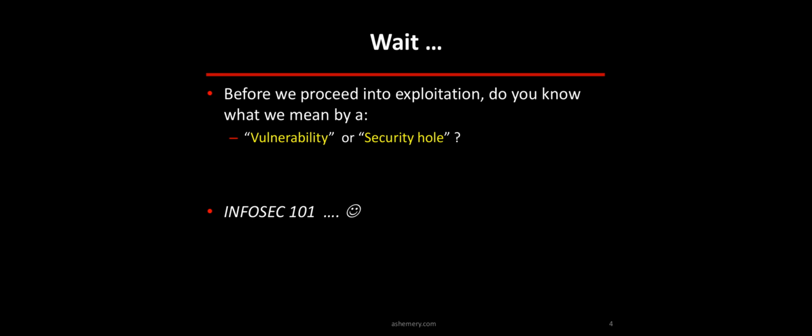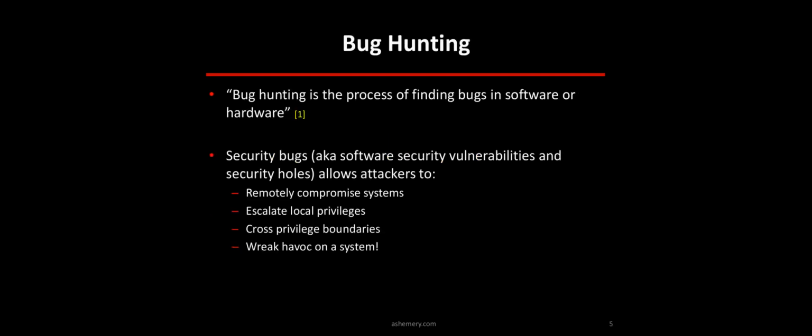So again, a vulnerability or a security hole is a weakness in an application or in a hardware which allows a threat actor to gain some privilege or advantage, let's say, over that system or hardware.